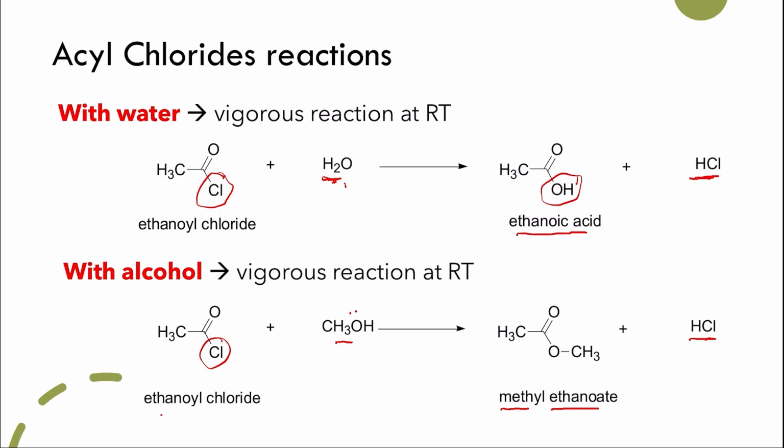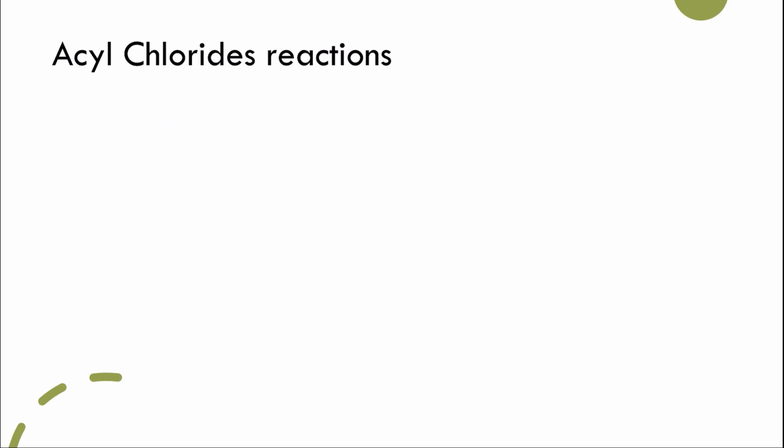So this reaction is similar to the reaction of a carboxylic acid with an alcohol to give you the ester. However, this is better than reacting the alcohol with the acid itself, because here the reaction is irreversible and it doesn't need an acid catalyst as well. So it's better than the other reaction and it gives you the same product, which is the ester.